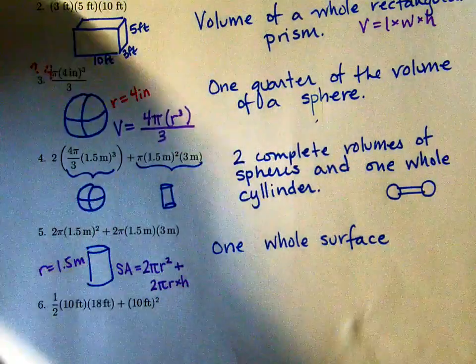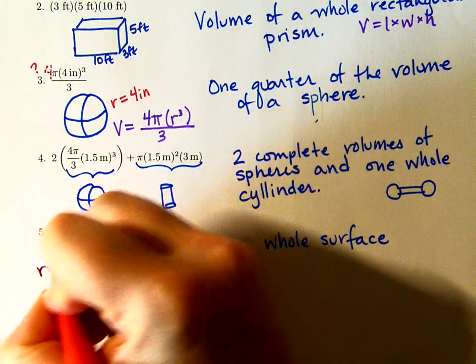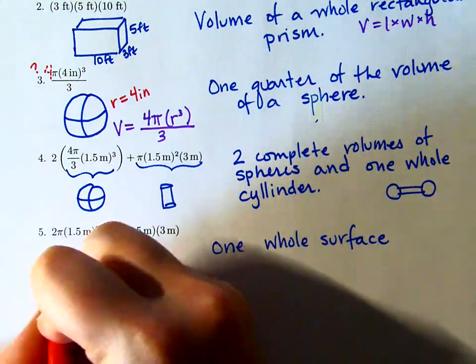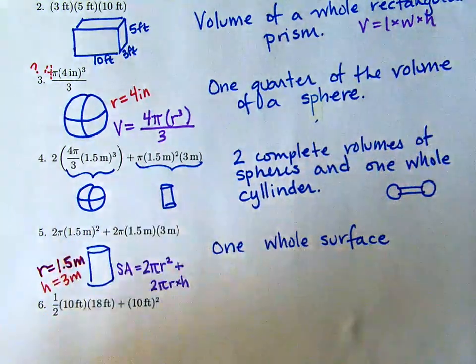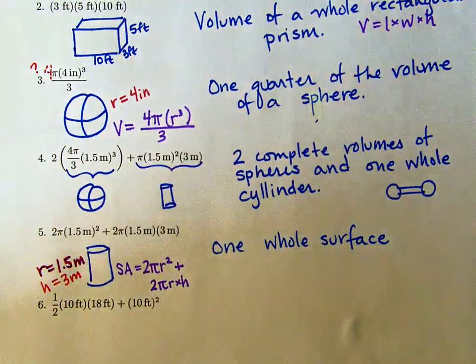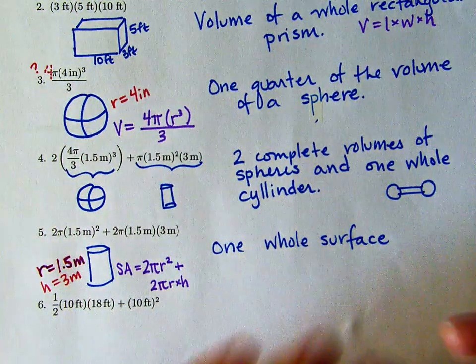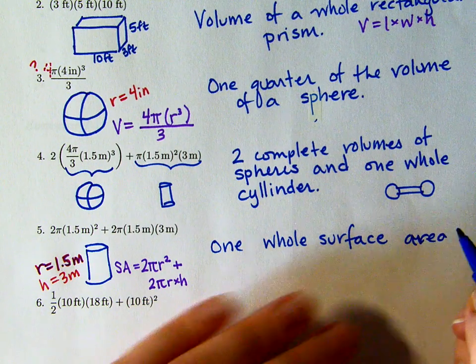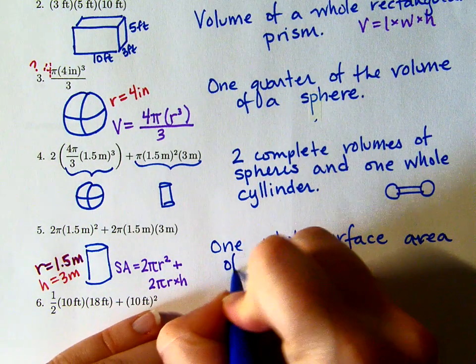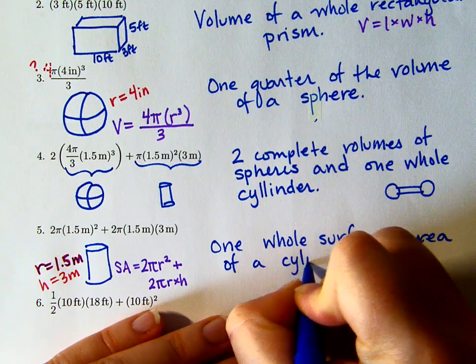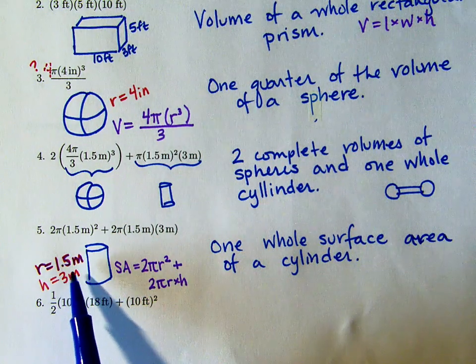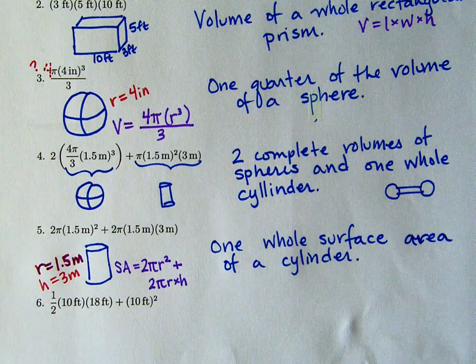Got it. I like to make these match just so that I can use them as reference later. Okay, so 1 whole surface area of a cylinder. A cylinder with a radius of 1.5 meters and a height of 3 meters.